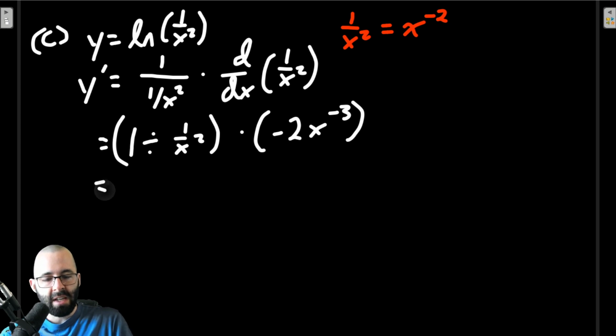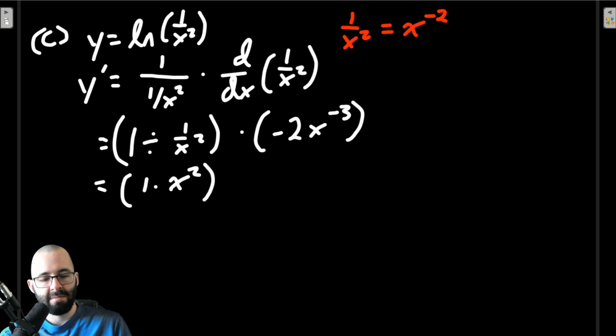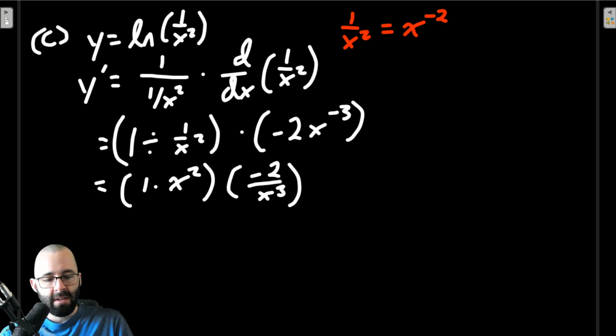Now in this first fraction, keep it, change it, flip it. Dividing by 1 over x squared is the same as multiplying by its reciprocal, which is x squared. The second thing becomes negative 2 divided by x cubed. And we can simplify a little bit. We have an x squared, that's going to cancel with 2 of these, and we're just left with an x on the bottom. So after all is said and done, what are we left with? Negative 2 over x.